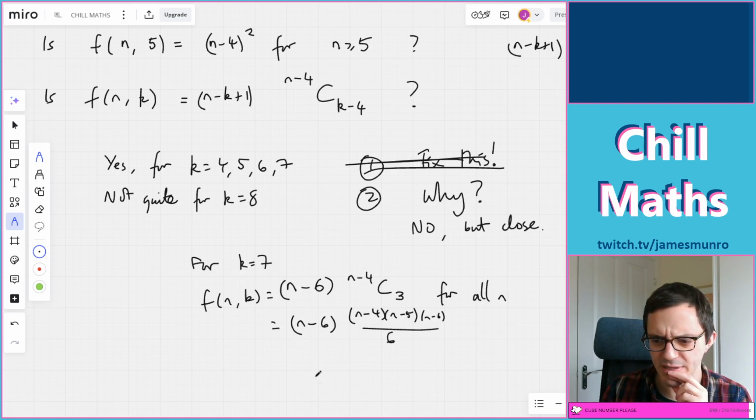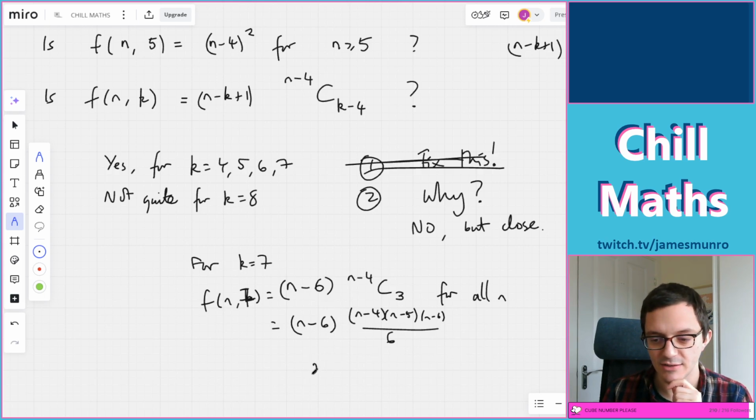But this sequence gives me, starting with n equals 7, well, not very much, right? But for n equals 8, this does give me the correct value, I think. Let's put a 7 in here if k is 7.